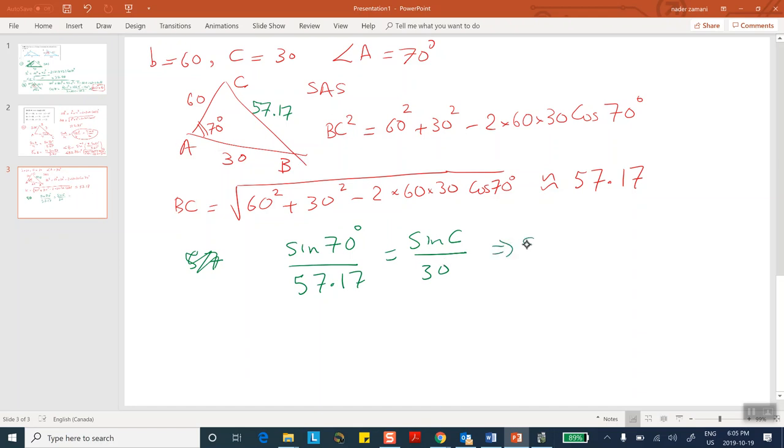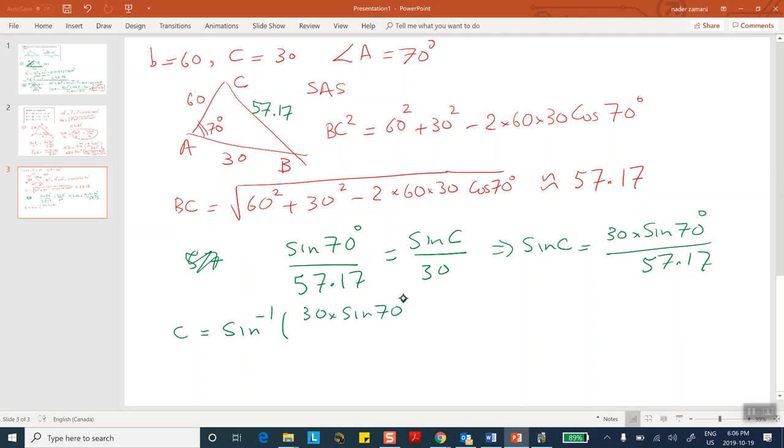And that means sine of C is equal to 30 times sine of 70 divided by 57.17, and C is equal to sine inverse of 30 times sine of 70 degrees divided by 57.17. Okay, so let's go ahead and do that.